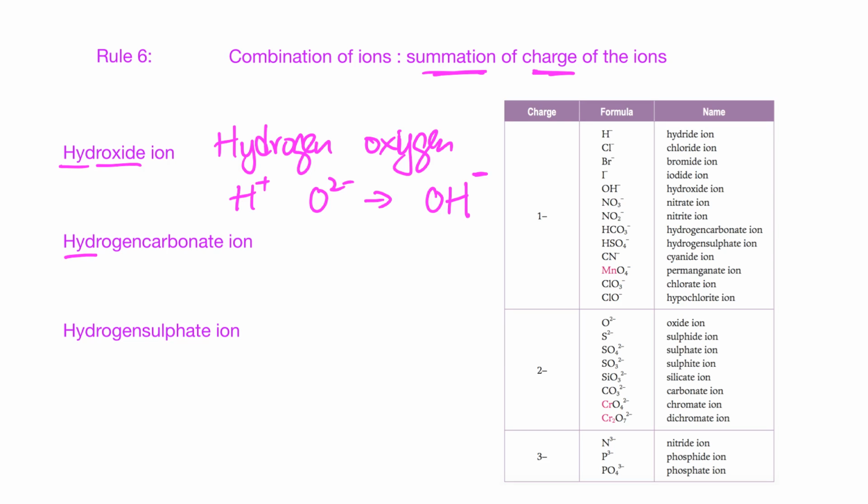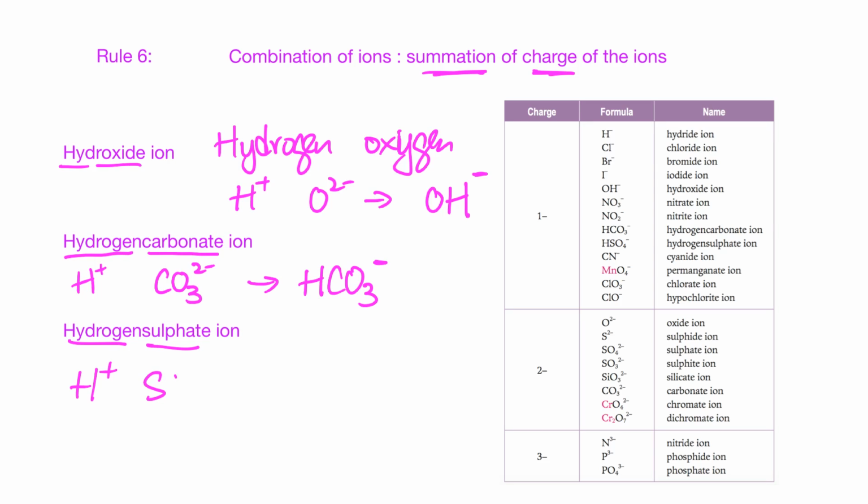Hydrogen carbonate, you're combining hydrogen ion and carbonate ion. Carbonate ion is CO3 2 minus. When you combine them together, you will have HCO3 negative, because 1 positive, 2 negative added together becomes 1 negative. And then hydrogen sulfate, you have hydrogen ion and sulfate 2 minus right there.